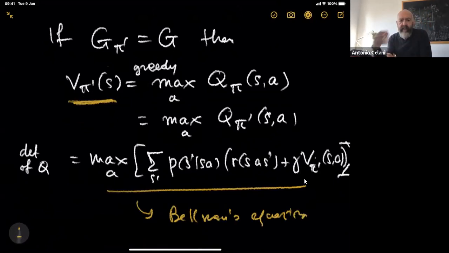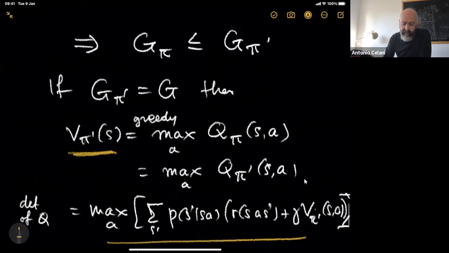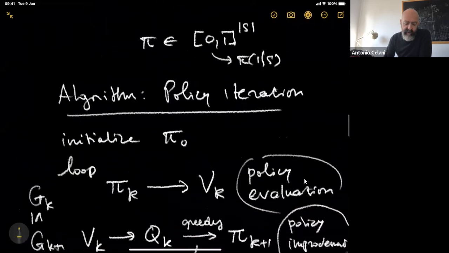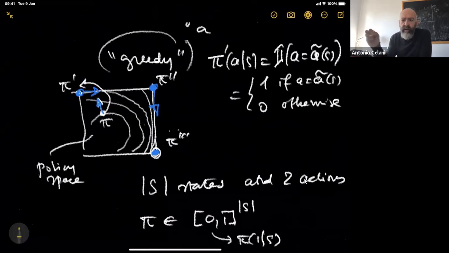This is a sort of lengthy manipulation, nothing particularly interesting here, apart from the bottom line, which is that this process of using the gradient to visit all the corners of the policy space in order is guaranteed to bring you from one corner to a better corner and eventually reach, without exception, the optimal policy.